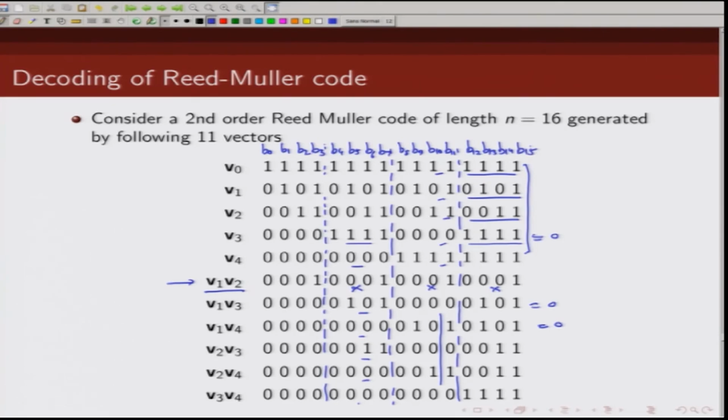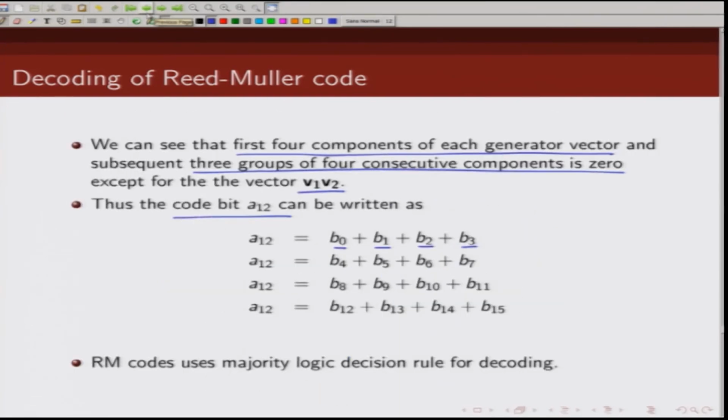So, if I add this B0, B1, B2, B3 or B4, B5, B6, B7, B8, B9, B10, B11 or B12, B13, B14, B15, what I am getting is that contributions from all other rows are nullified, only I will see the contribution effect of this V1, V2, and the bit A12 can then be found by adding these 4 columns together.